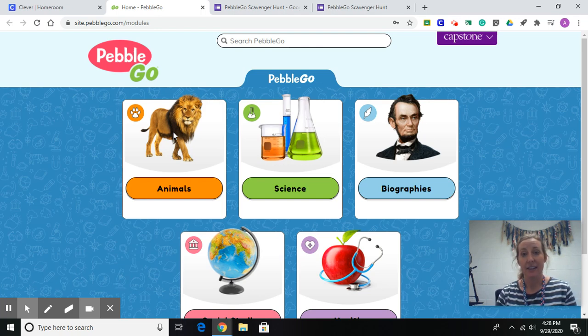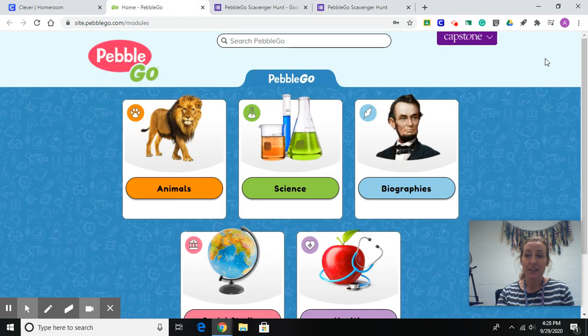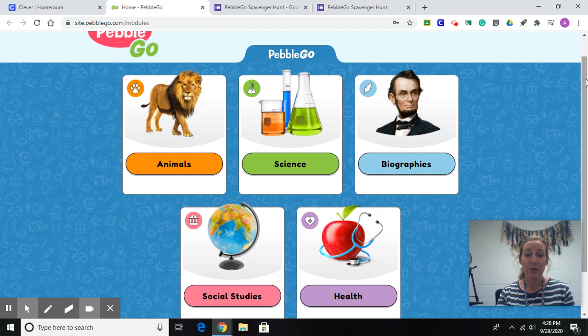So now I have to think about what were my clues for my passage. Now, if I want to, I can go back to my scavenger hunt and read it if I want to. But my first clue was who. Well, if I look at my databases in PebbleGo, which category fits with who? Which one's about people?